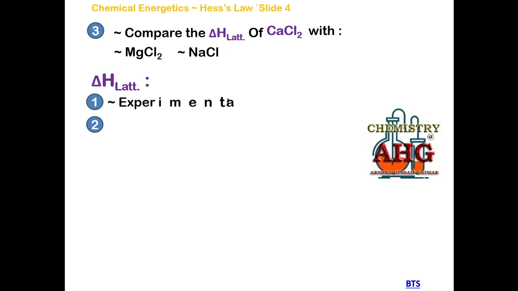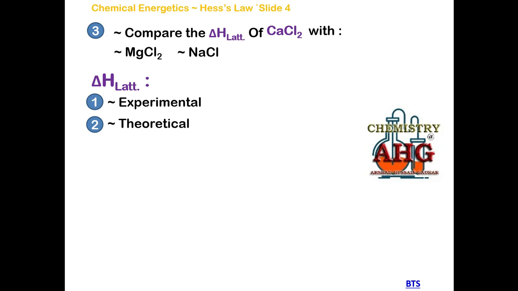One method is the experimental method, where you perform an experiment and find the lattice enthalpy of an ionic compound. The other method that is available, you can find lattice enthalpy of a compound using the theoretical method, using the Born-Haber cycle or Hess's law.